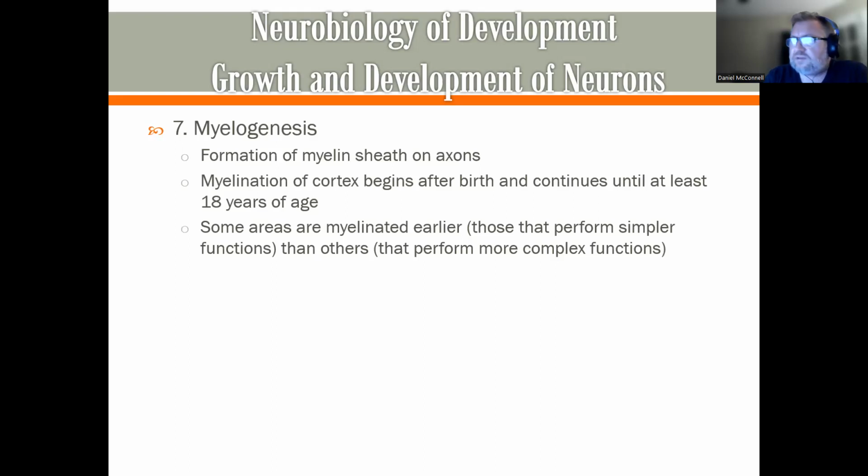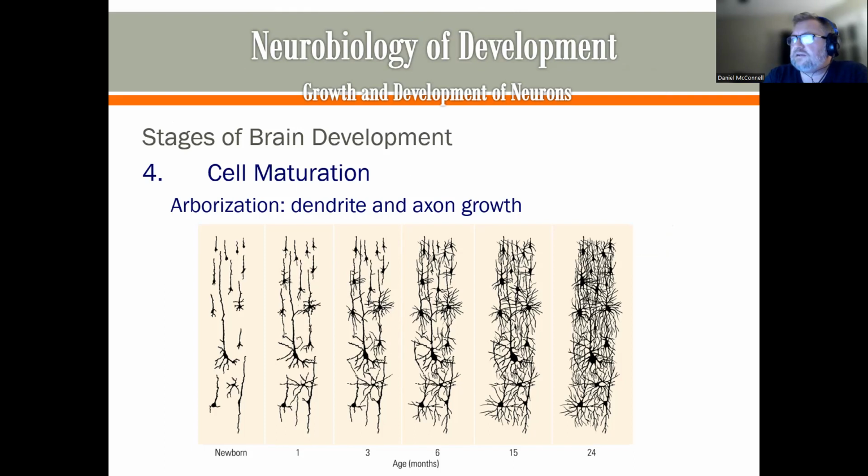And maybe to help illustrate that, let's come back a couple of slides to this picture, right? So the axons would be the longer branches of these particular neurons. And we can see that those axons are not done growing, even if I look at the newborn or the 1-month-old.